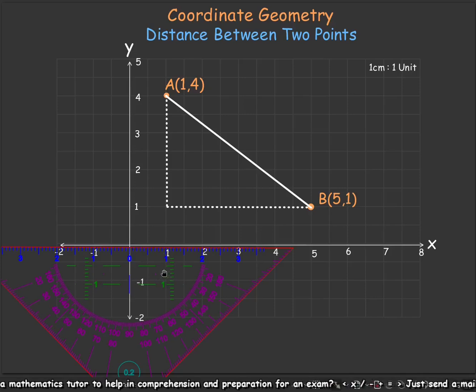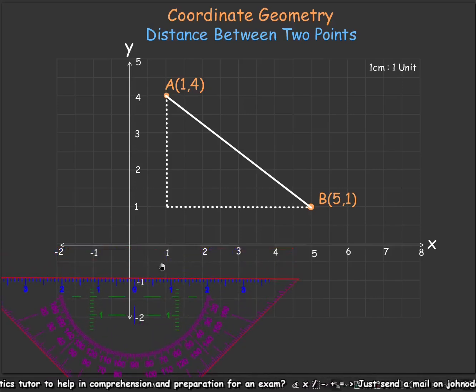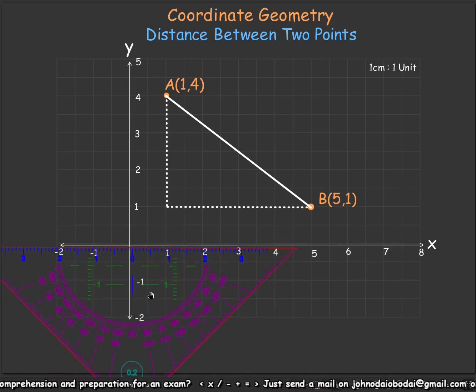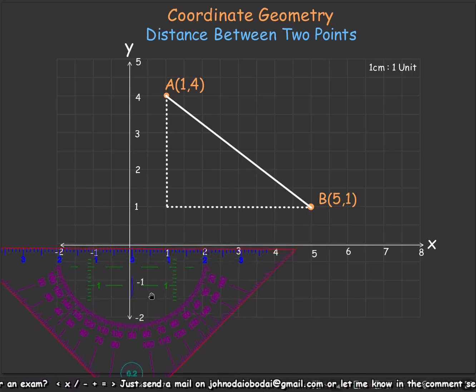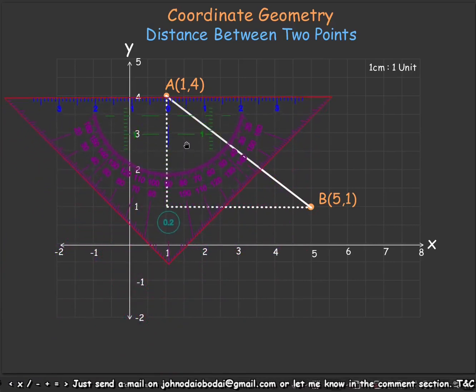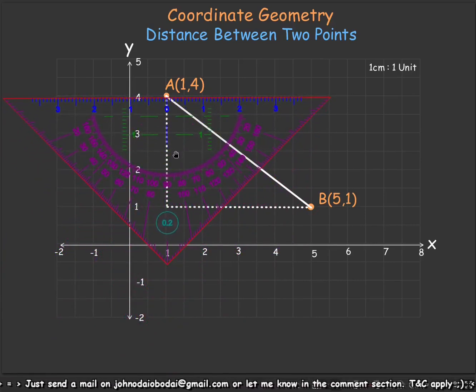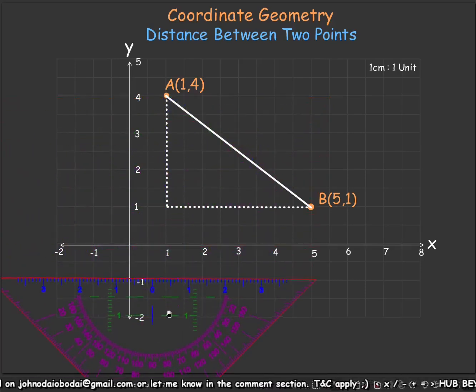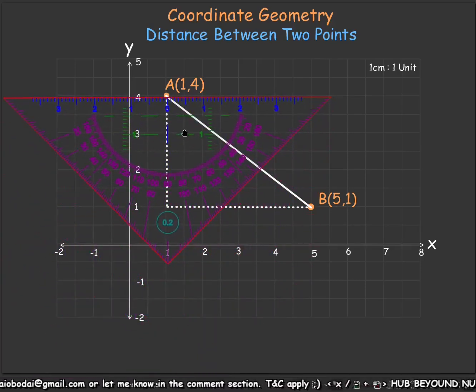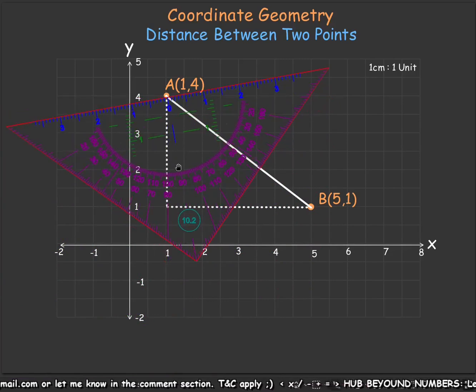So 0 to 1, that is 1 centimeter. And that is exactly my labels over here. So I have 0 to 1 being 1 unit, which represents 1 centimeter. With that in mind, it simply means that if I have any line at all on my graph or any 2 points and I want to calculate their distance, I can just go straight away and use my ruler to do that.